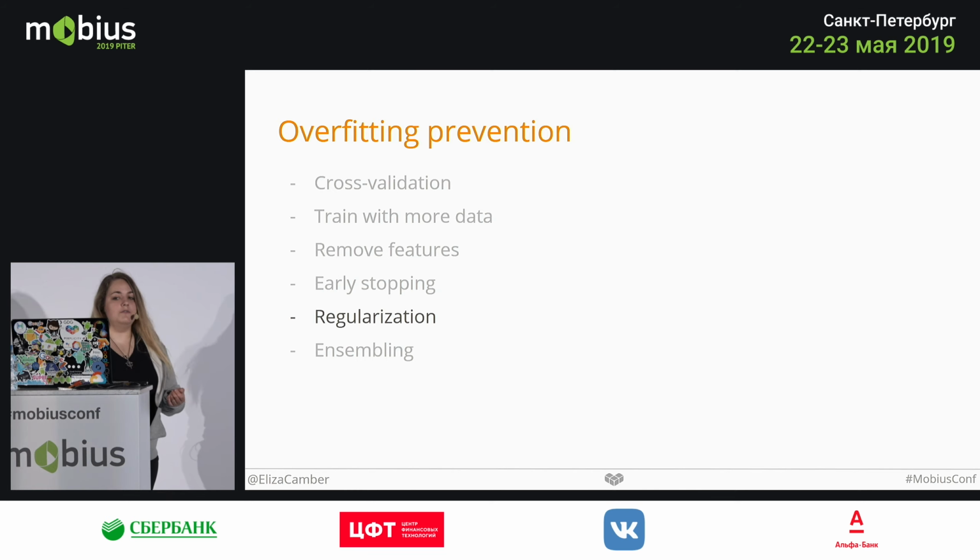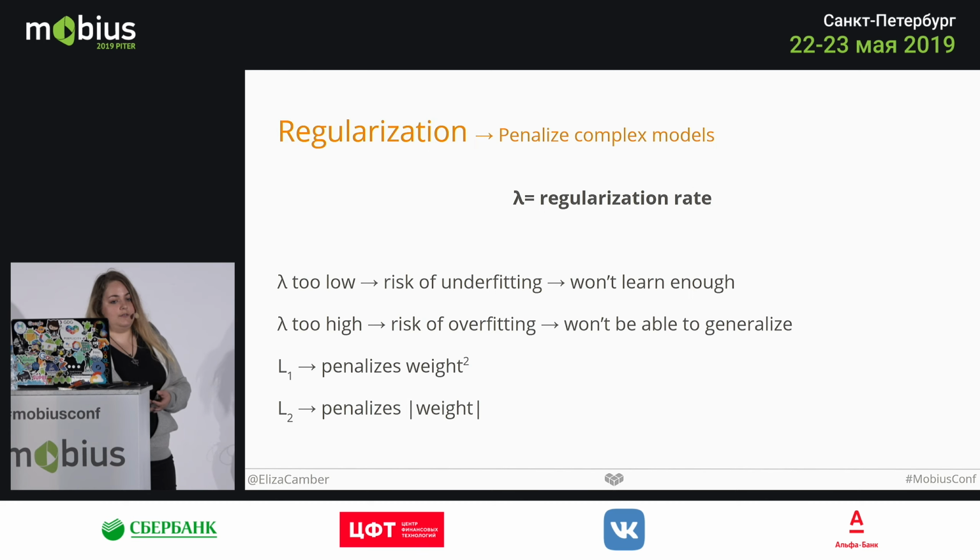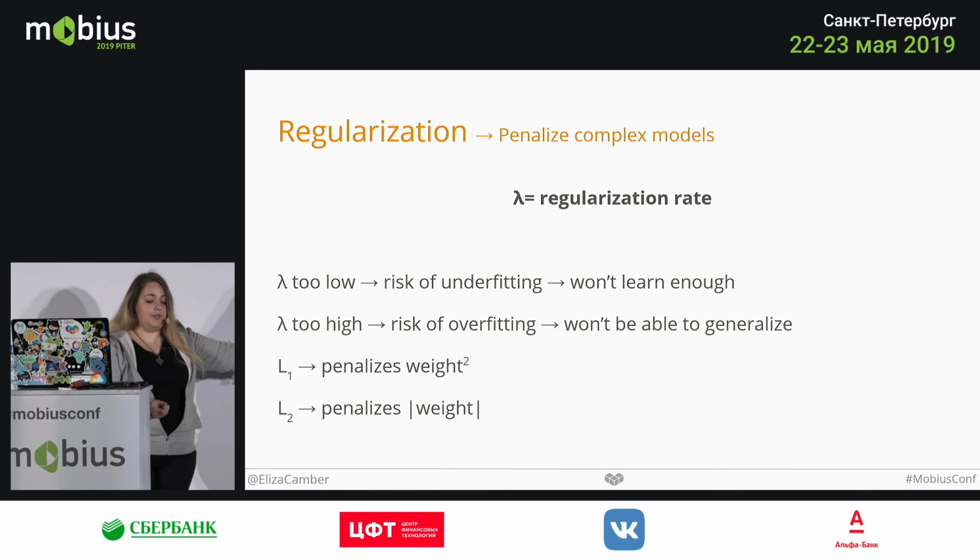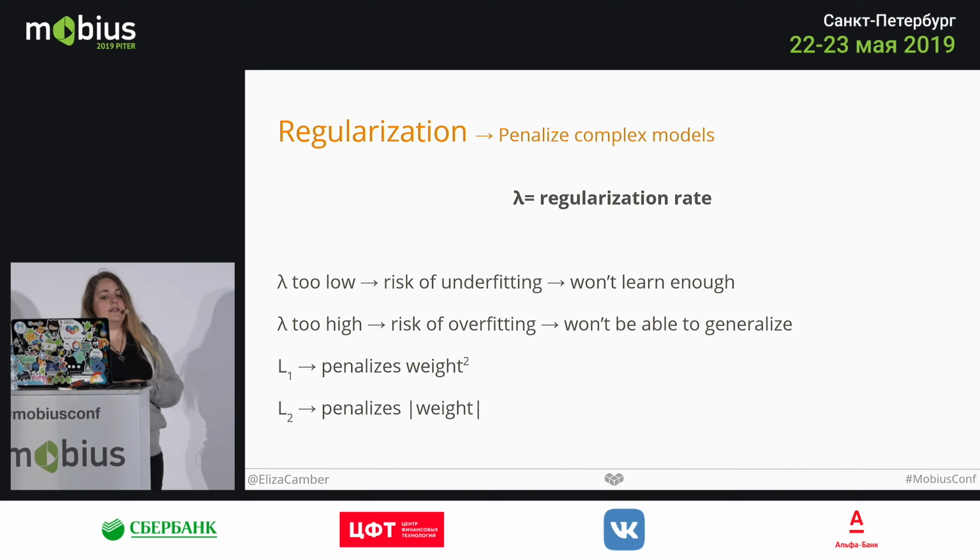There are a lot of ways to do overfitting prevention, and the one that we chose for our model was regularization. There are two types of regularization: the L1 and the L2 that it says over there. But what it is, it's actually penalizing the weights that you put in your model.